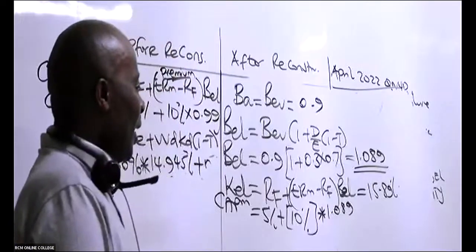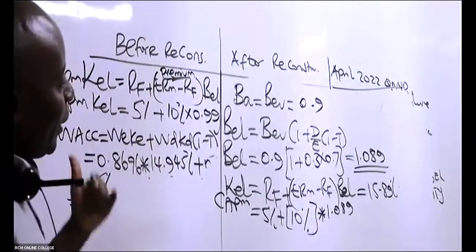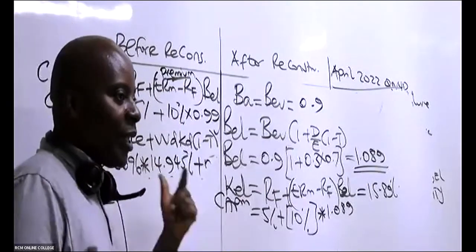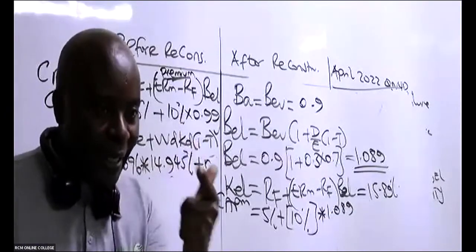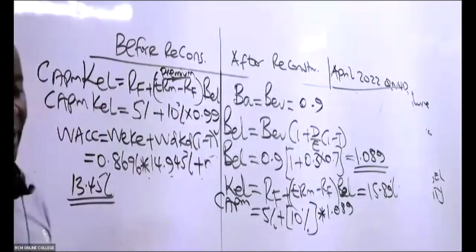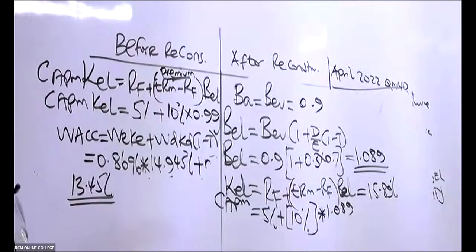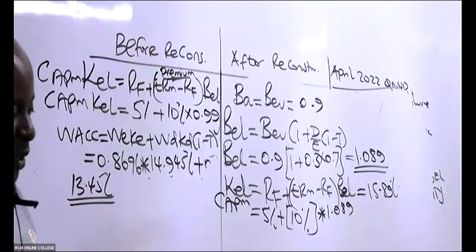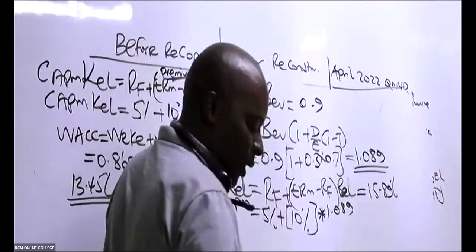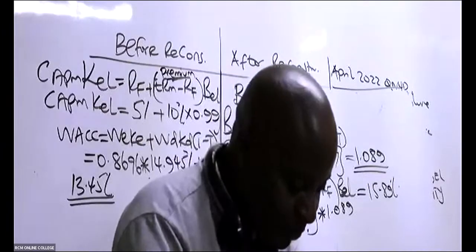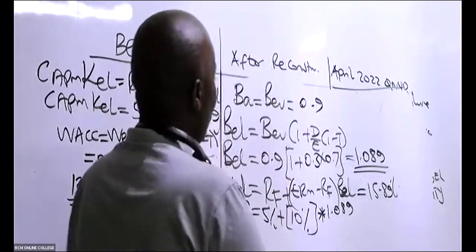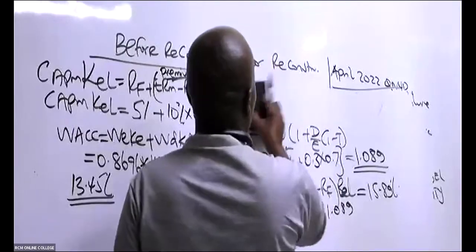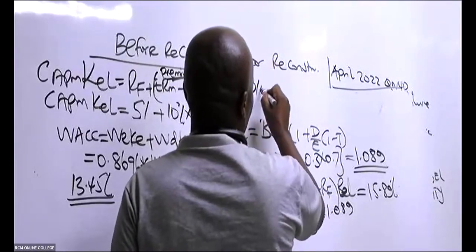Magdalene, yes. Now, after getting KEL, I know that the next thing will be the weight, specifically the weight of debt. The only thing I need to get weight of debt is debt to equity. After reconstruction, our debt to equity is 0.3, isn't it?